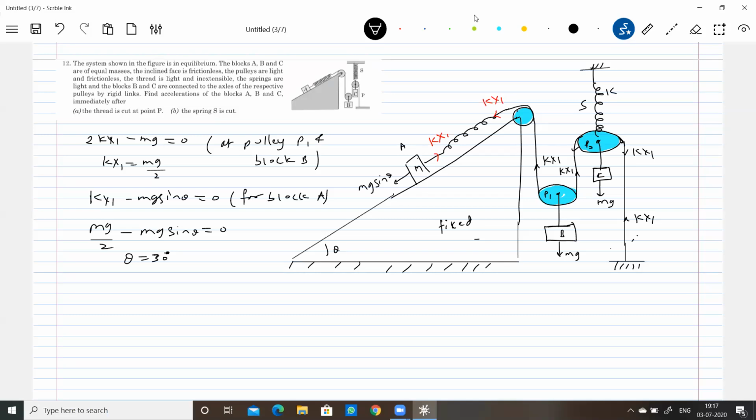It says the springs are light, so assume the same spring constant. The question itself didn't say anything. Let me assume some value, both the same. Okay, fine. So don't blame me now. Let it be some elongation kx2. I'm just assuming it to be k. We will see if it makes any difference.